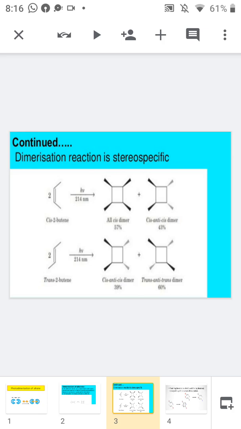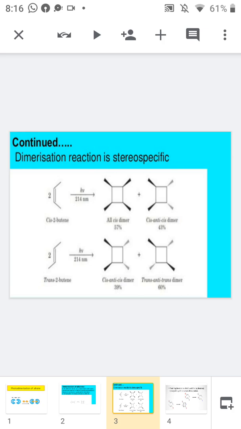Now, if you do the same experiment using the other isomer, trans-2-butene, what will happen? The trans-2-butene in the presence of UV radiation, the same wavelength of 214 nanometer, will give two products, that is cis-anti-cis dimer, having 39%, and trans-anti-trans dimer, having 60%. So what is the difference between the cis-anti-cis dimer and trans-anti-trans dimer?